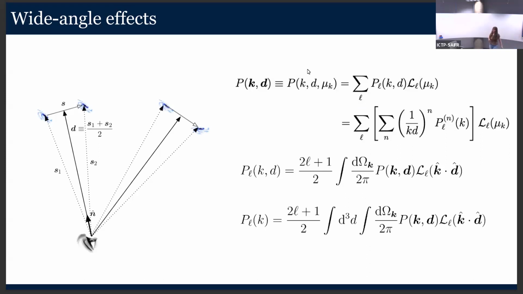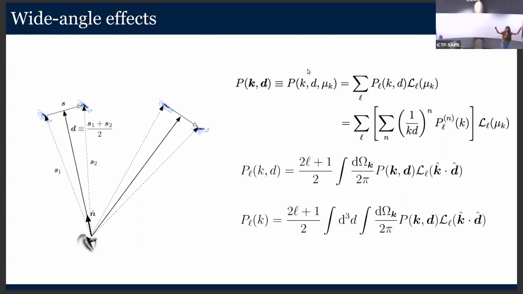So the wide angle effect is the same thing as the peculiar velocity effect, or it's different? When you do this extension of your three-dimensional power spectrum, you don't account for the fact that you have a dependence on the line of sight.